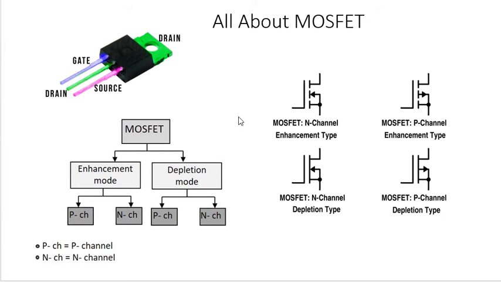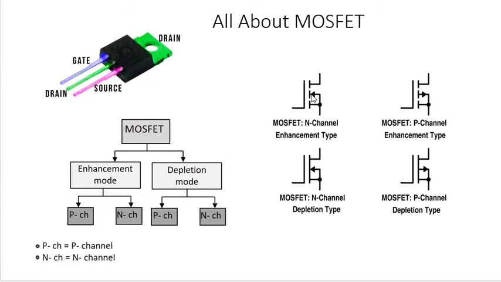So out of four you can now easily identify that this one and this one are the enhancement mode, and this one and this one are the depletion mode MOSFETs where the channel is already present, and in these two the channel is absent.